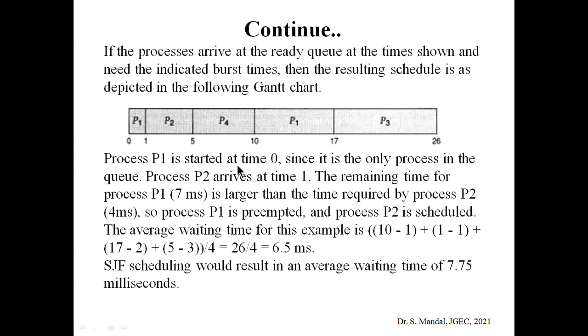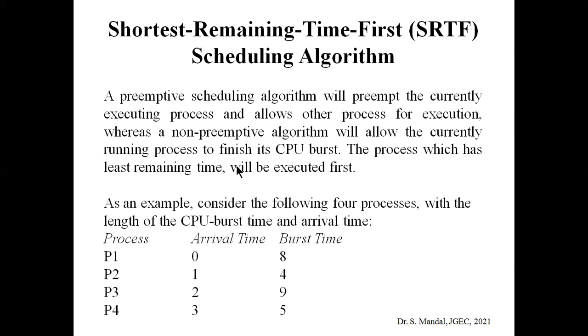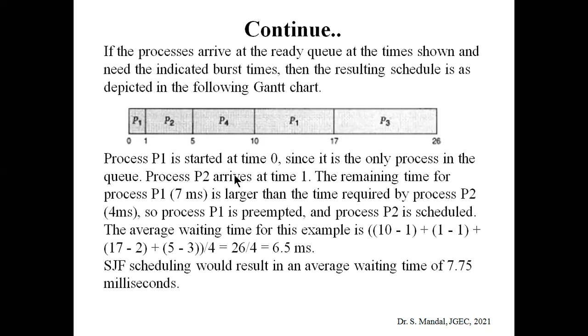For the same problem, if we apply the SJF algorithm, the average waiting time will be 7.75 milliseconds. You can calculate it on your own. So using the SRTF algorithm, the average waiting time can be minimized further.